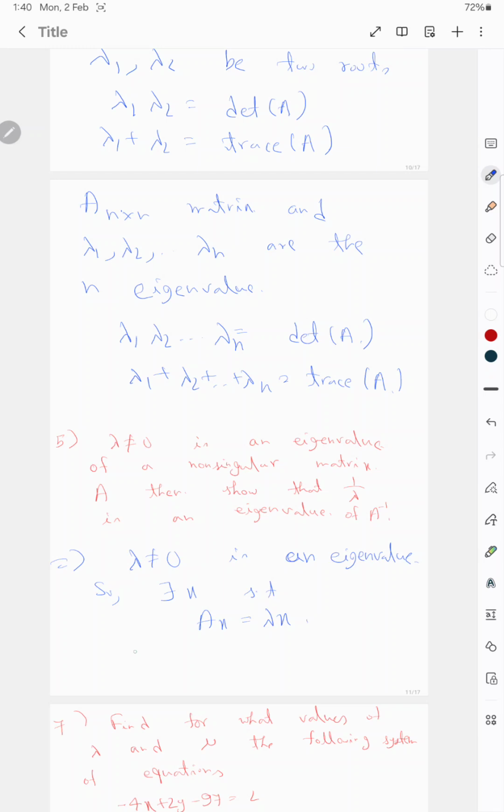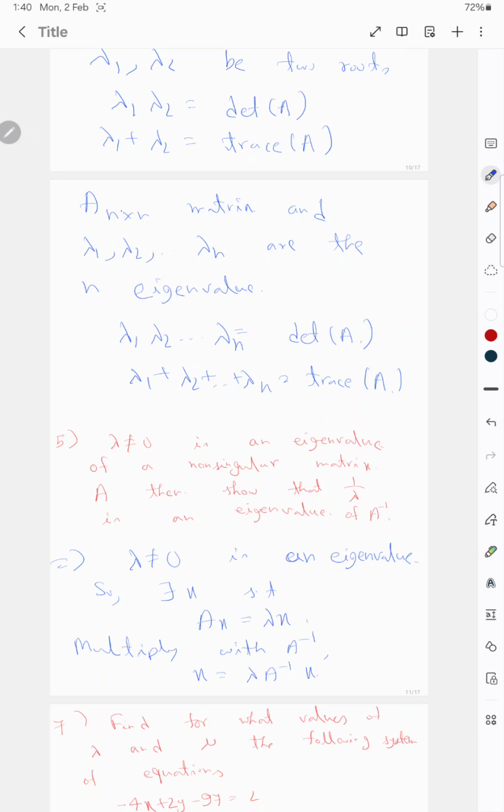Now multiply with A inverse: x equal to lambda A inverse x.